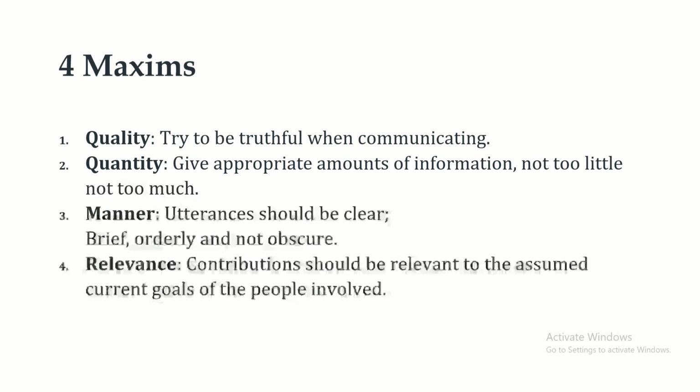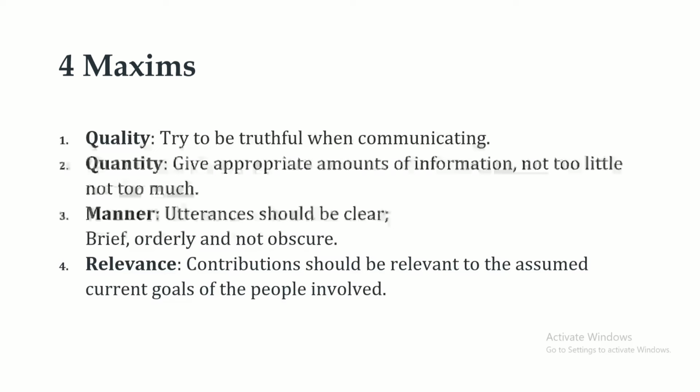What is meant by clear is brief, orderly, and not obscure. And the fourth one, which is the last one, is relevance. And it's about contributions that should be relevant to the assumed current goals of the people involved.